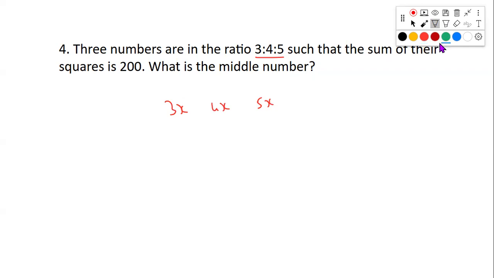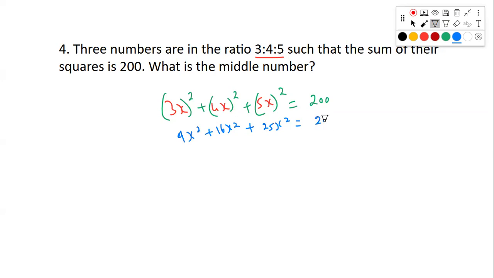What is the next step? Sum of their squares. First I have to do the squares and then make a sum, which is equal to 200. So now straight away I will write 9x square plus 16x square plus 25x square is equal to 200.